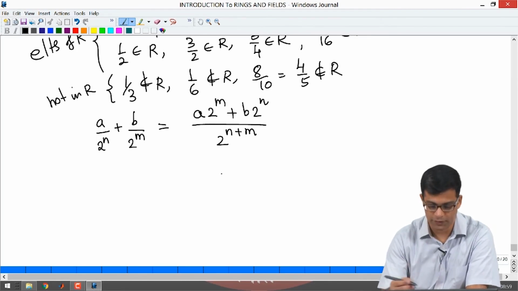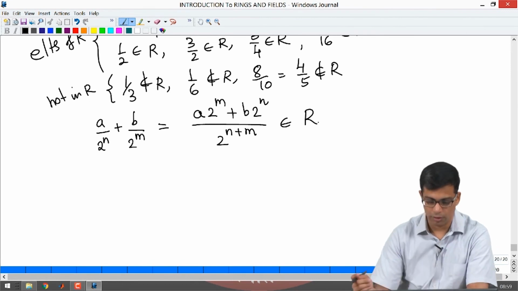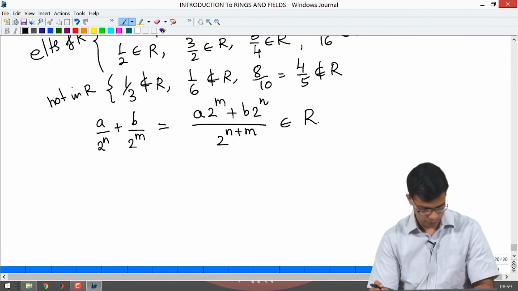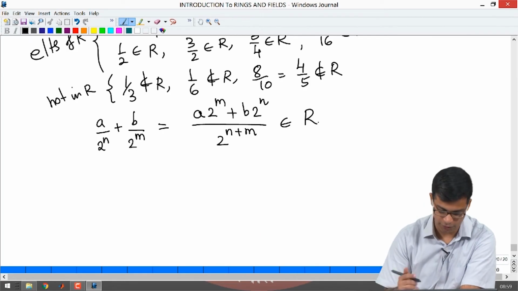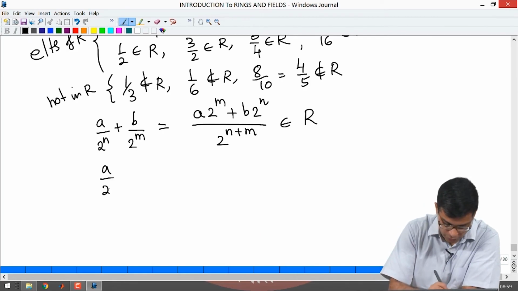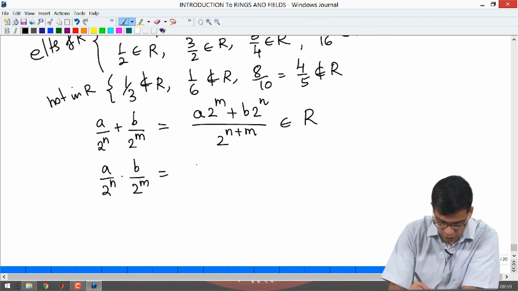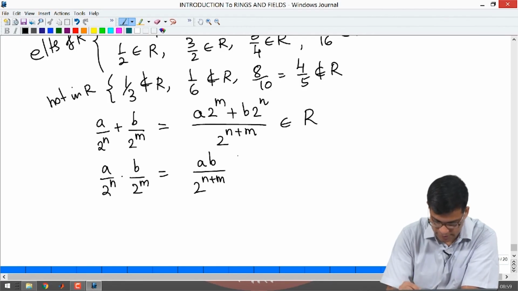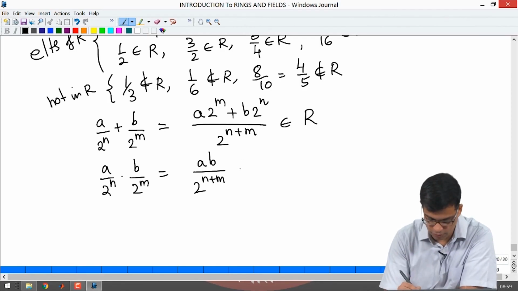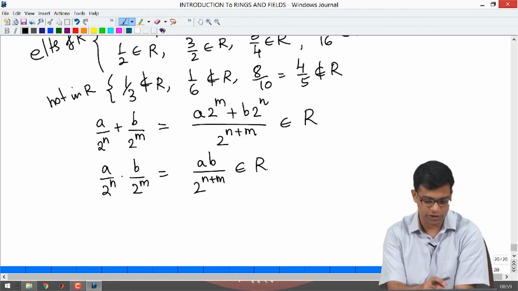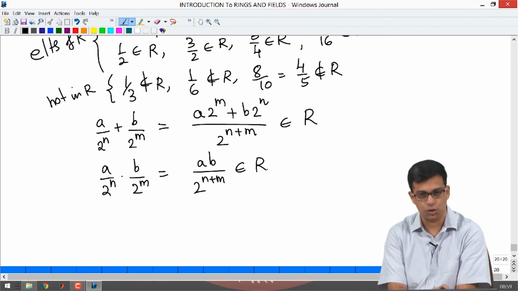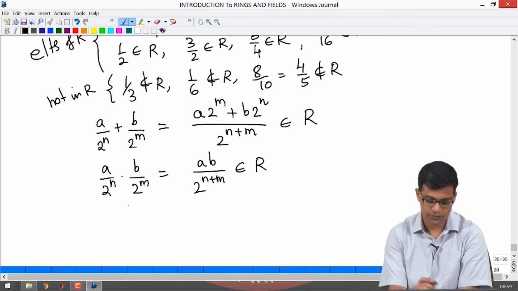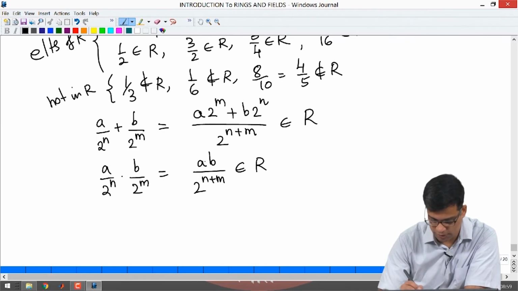If you cancel some of those factors, what remains will still be of the form 2 power something. Similarly, A by 2 power n times B by 2 power m will be A B by 2 power n plus m. In this case, it is actually in the simplest form, because A and B are odd, because these two are in simplest form. Anyway, that is not important.